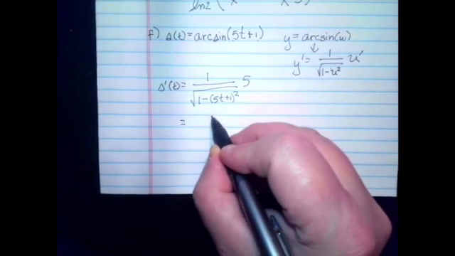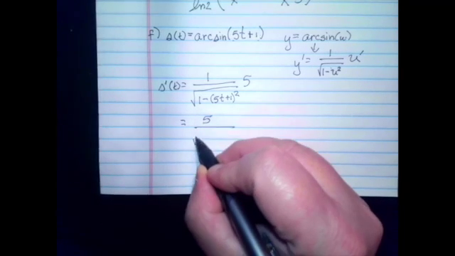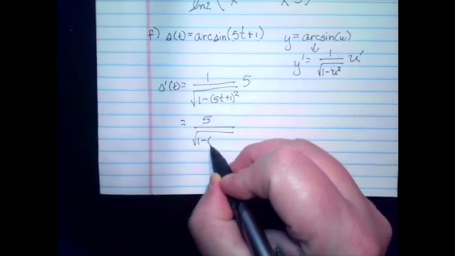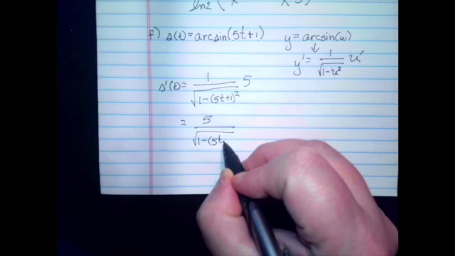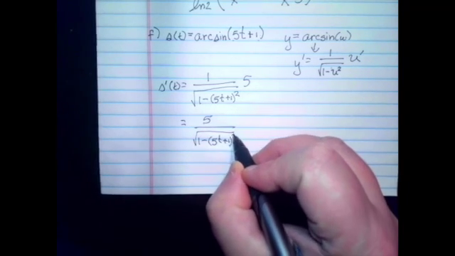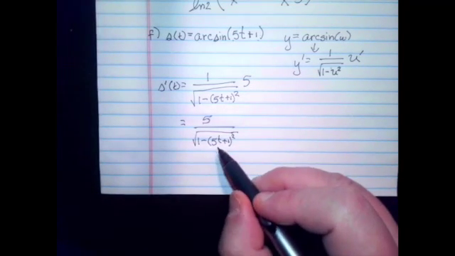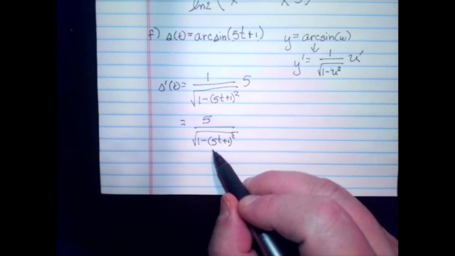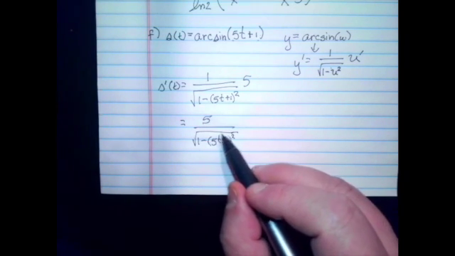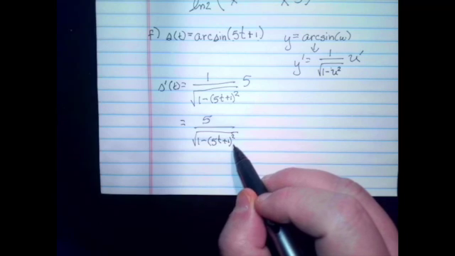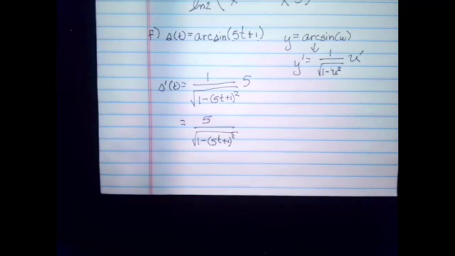And I will rewrite that as 5 over the square root of 1 minus 5t plus 1 squared. I don't really see any good reason to expand this perfect square. We're not going to get anything that we can simplify, and so I think I'll leave it as it is.